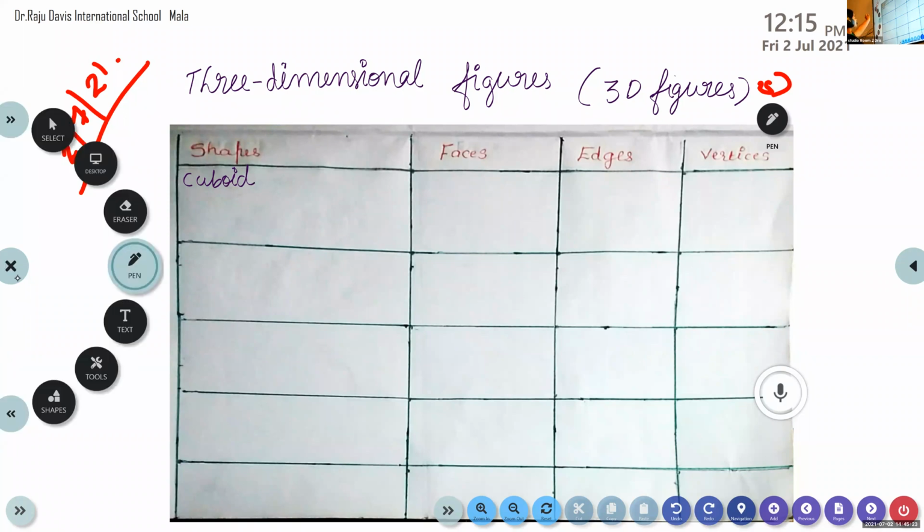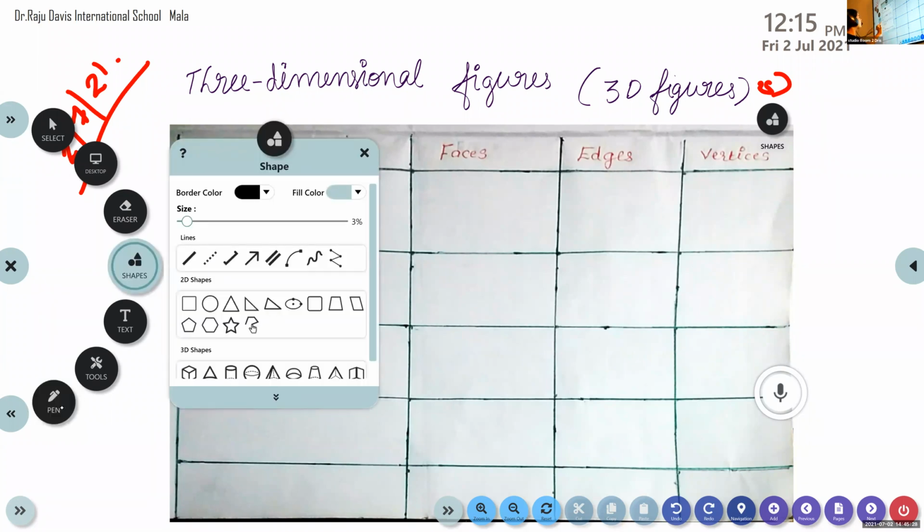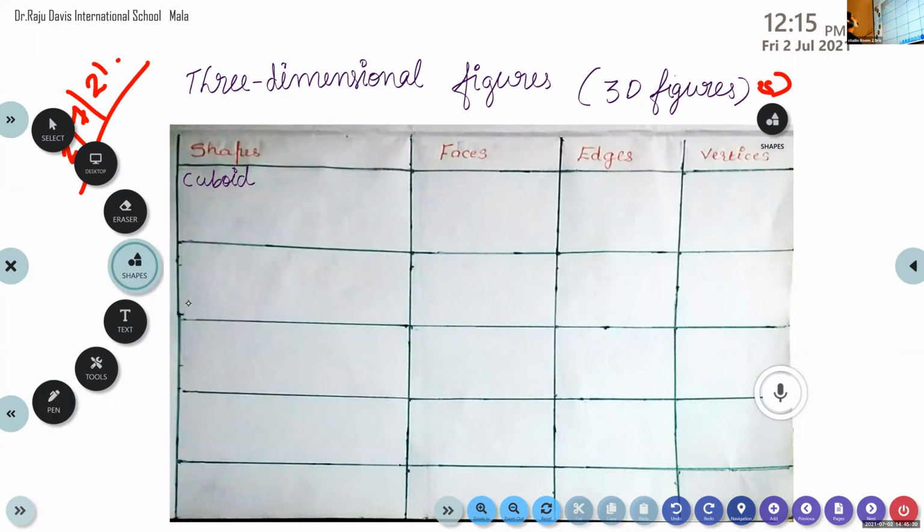After that, you have to draw a cuboid inside that box. So, write cuboid.